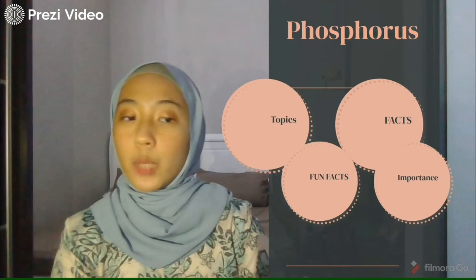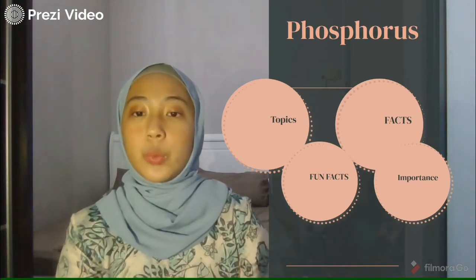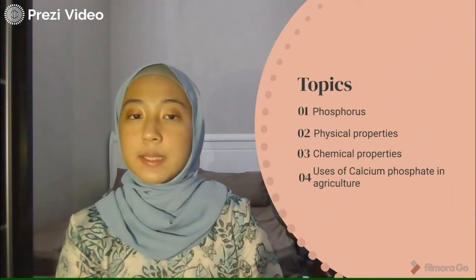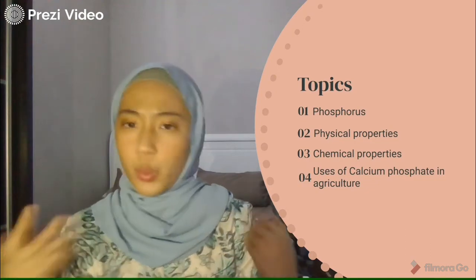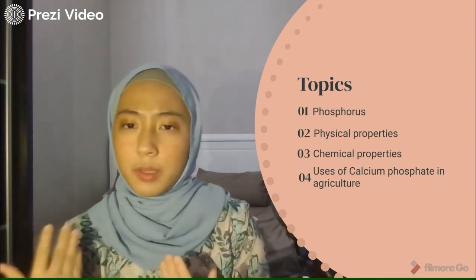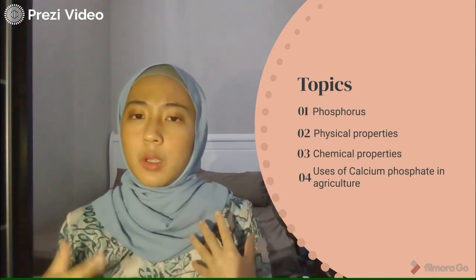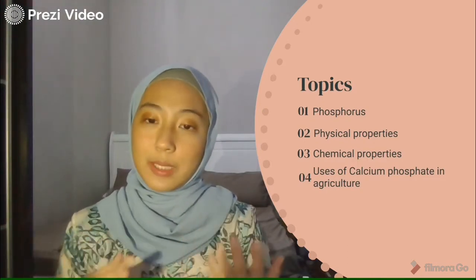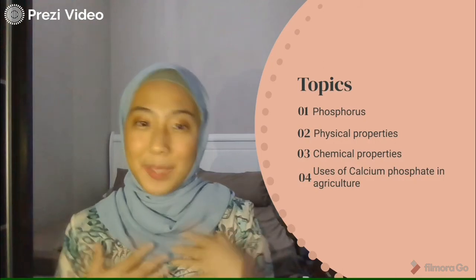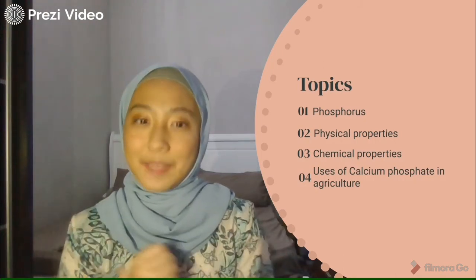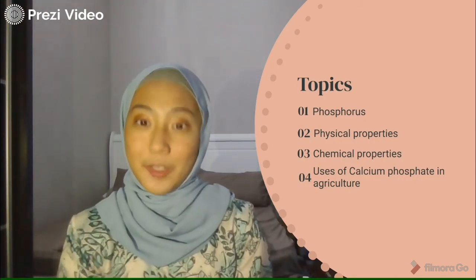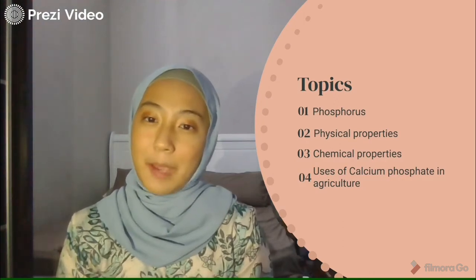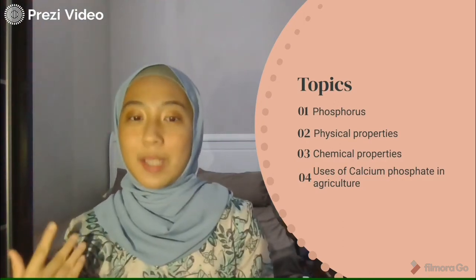So the topics that we will go through today would be, first is phosphorus, as in generally what is phosphorus, its atomic number, its occurrence in nature, also its importance, which were presented by me. Second is the physical properties of phosphorus, which will be presented by my fellow groupmate Nur Shazwina.